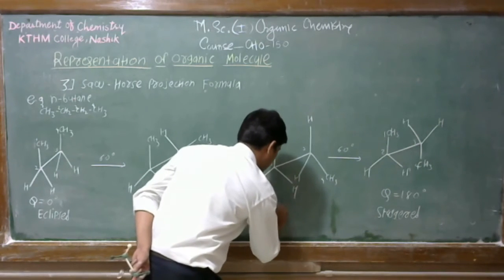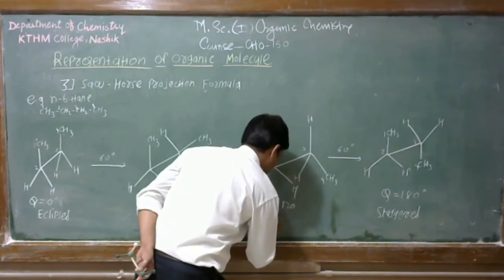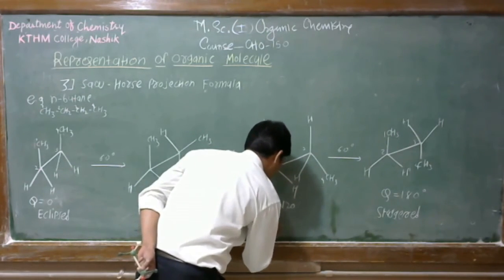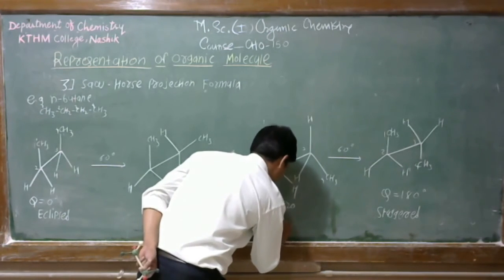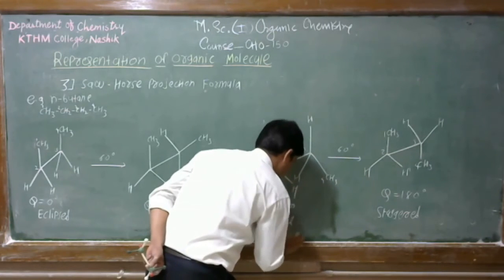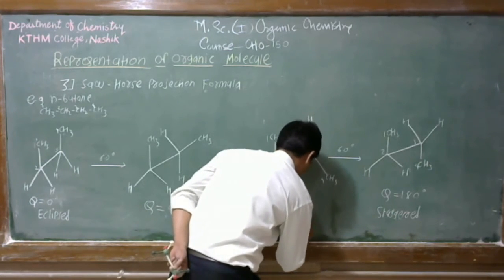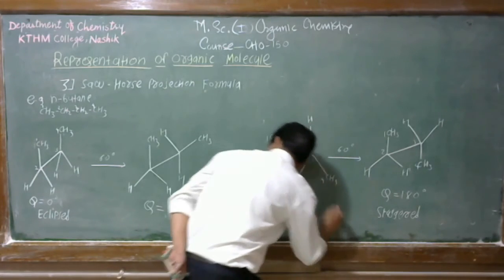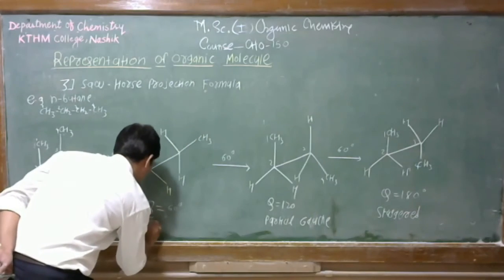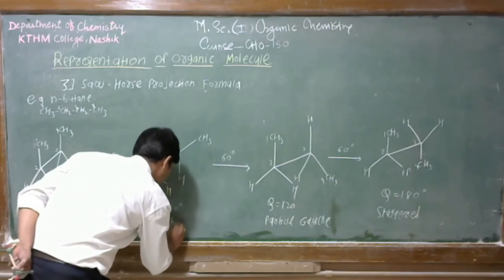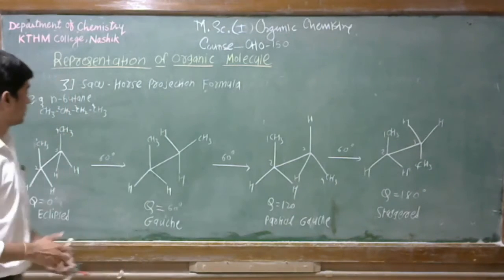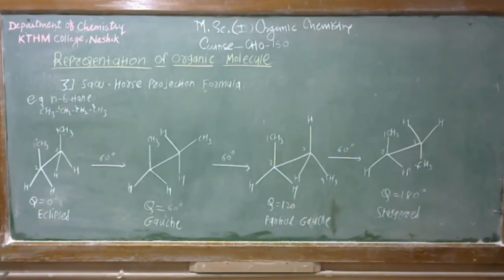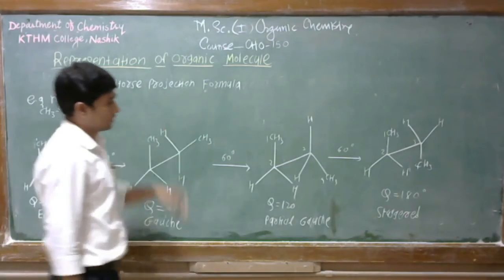The dihedral angle is 120, and this is the partially eclipsed. So these are all the sawhorse projection formulas.